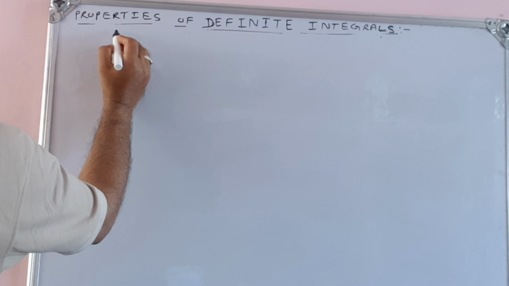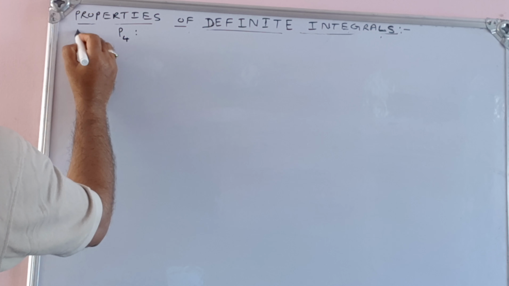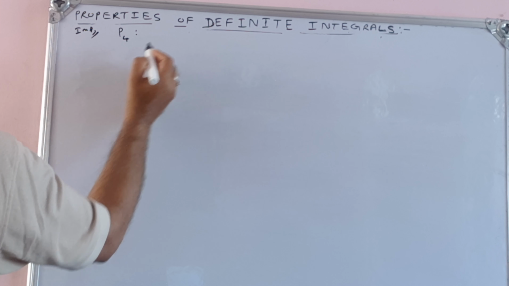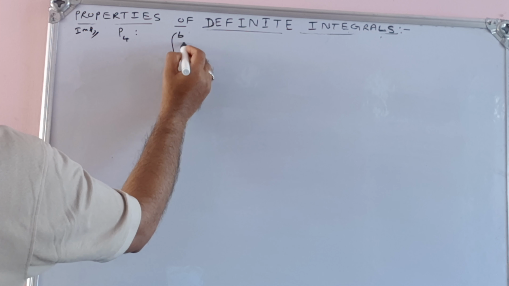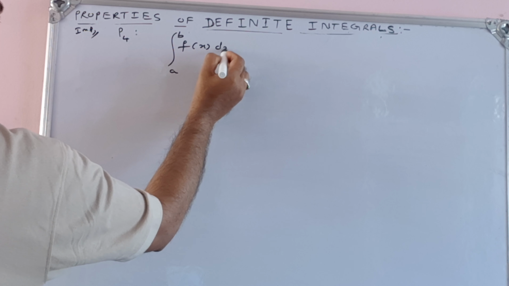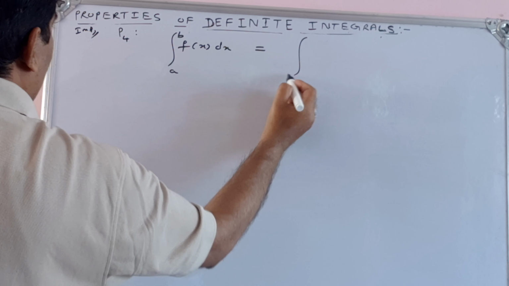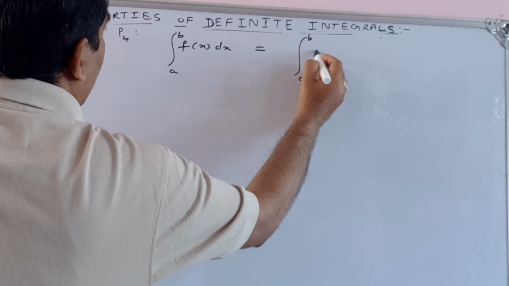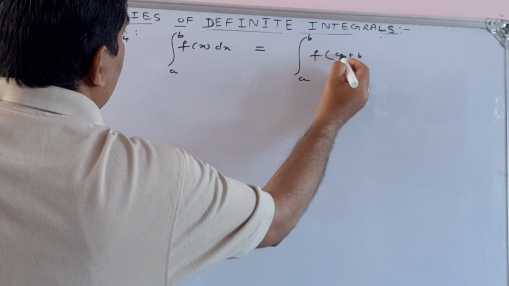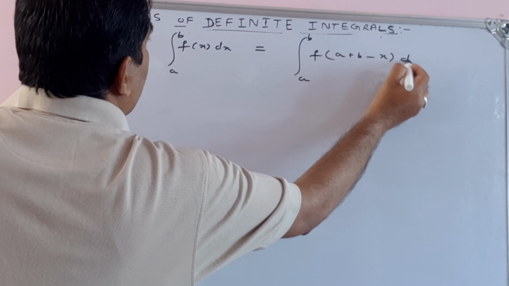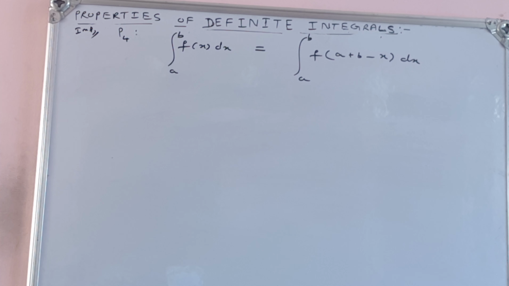Then the fourth property. So let us consider the fourth property, which is important. The integral from a to b of f(x) dx can be written as the integral from a to b of f(a plus b minus x) dx. Observe this property.